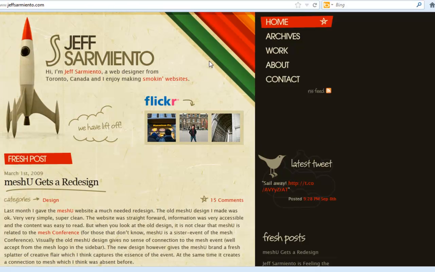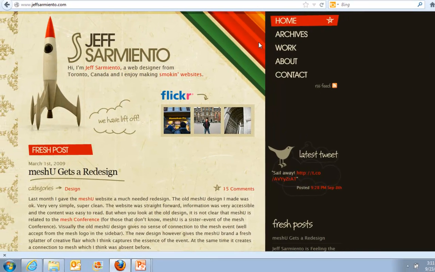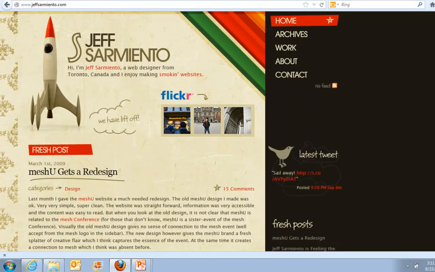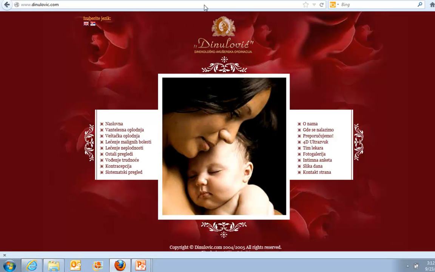Now this is asymmetrical. So they got a lot of information here on the left, and then they balance it out over here with this black space on the right. If we look at this, this is perfectly symmetrical.